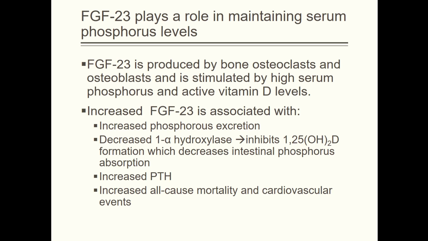FGF23 also reduces the reabsorption of phosphorus within the tubule, and more phosphorus is excreted into the urine. Serum phosphorus may be within normal range until CKD is advanced. Serum phosphorus is reduced by the actions of PTH and FGF23.